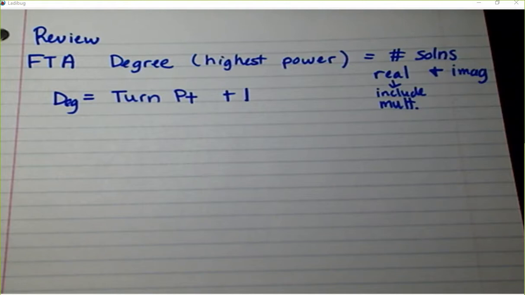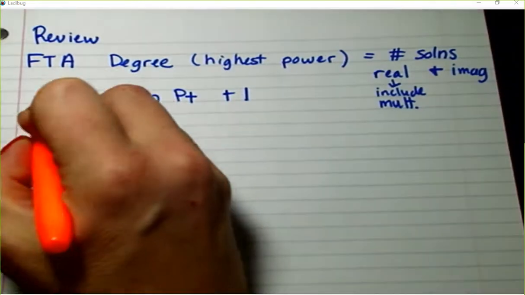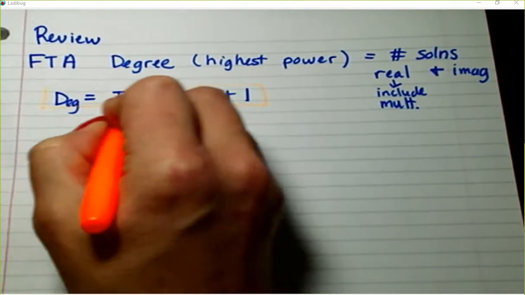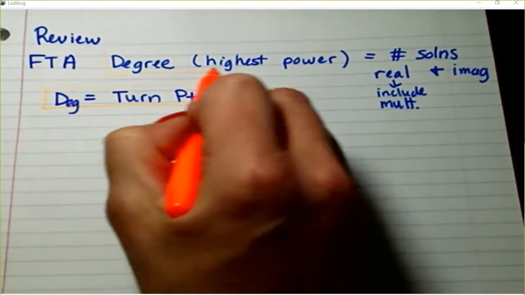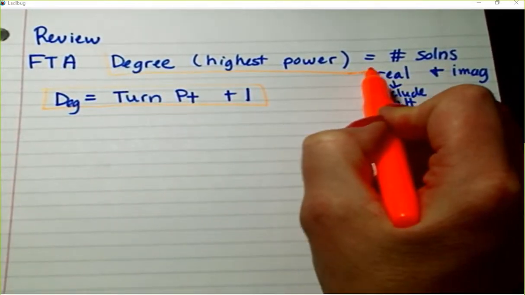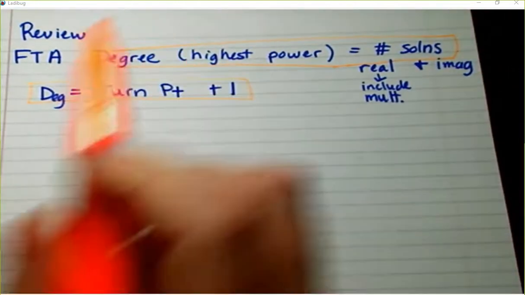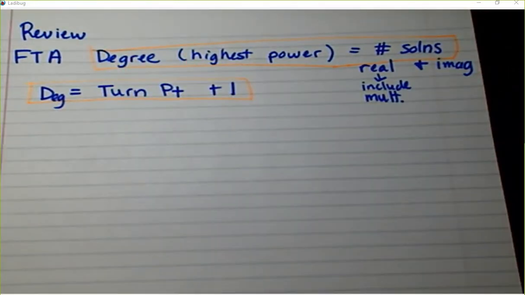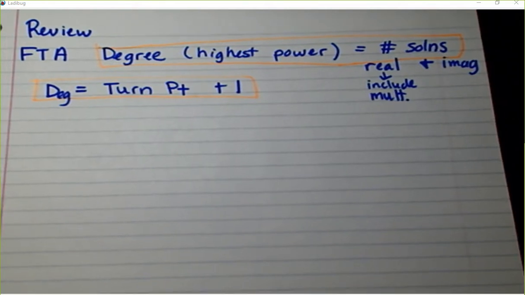So we have two things that tell us about the degree. These are visuals. Now we're actually solving algebraically here as well. So we're sort of going to be putting all of these things together.